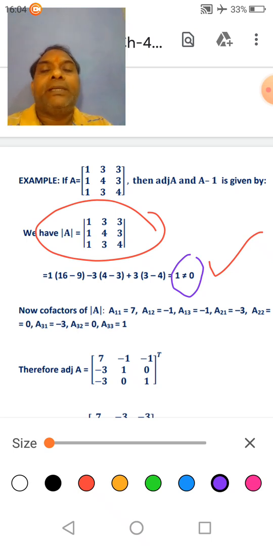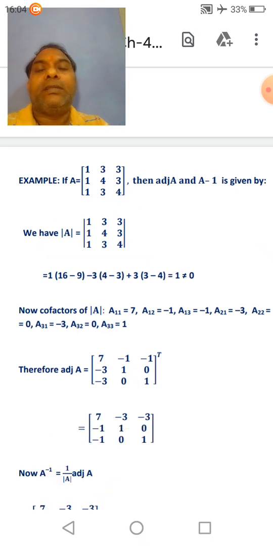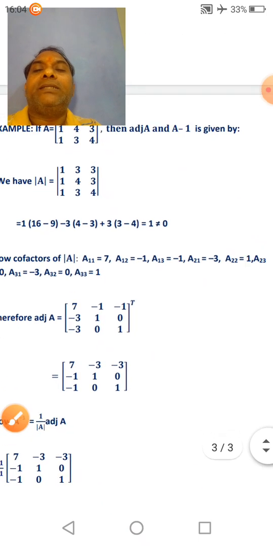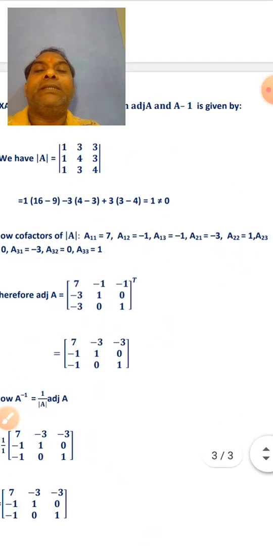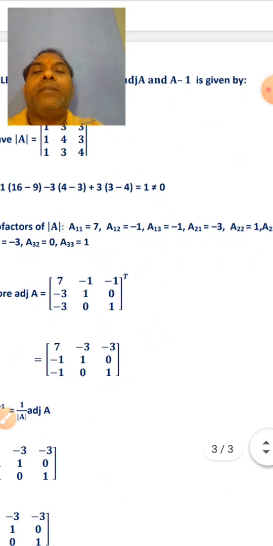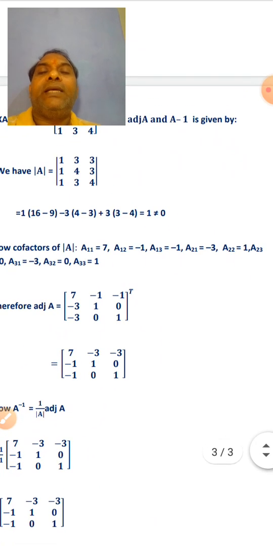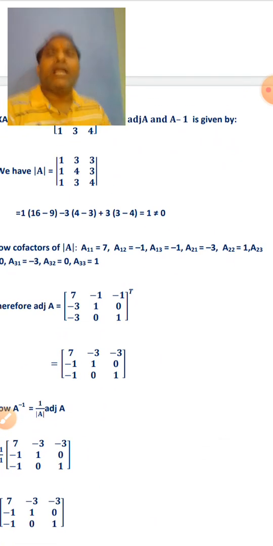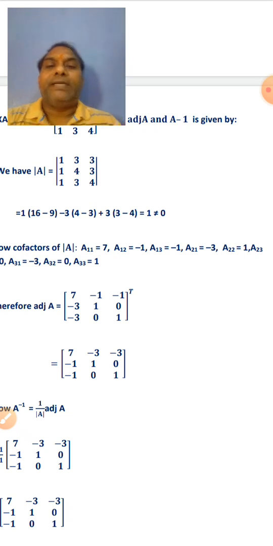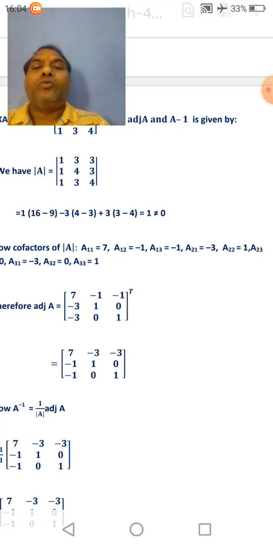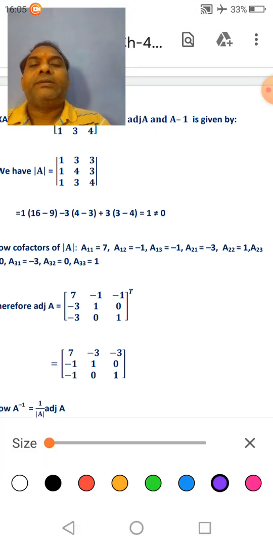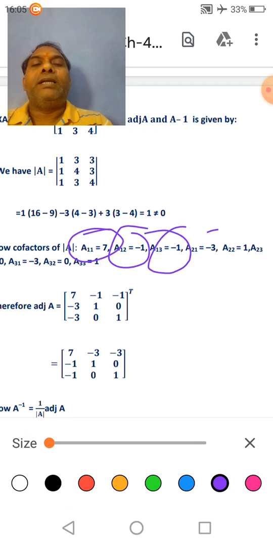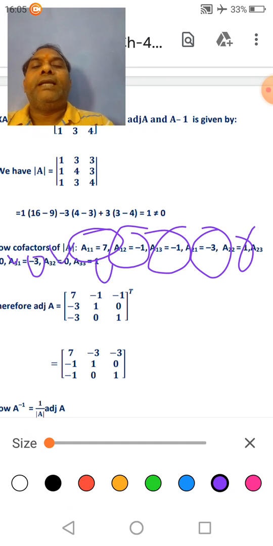Clear? To find the inverse, now find the cofactors of the determinant by using the formula of cofactor, Aij is equal to minus 1 to the power i plus j Mij. So you can find all the cofactors A11, A12, A13, A21, A22, A23, A31, A32 and A33.